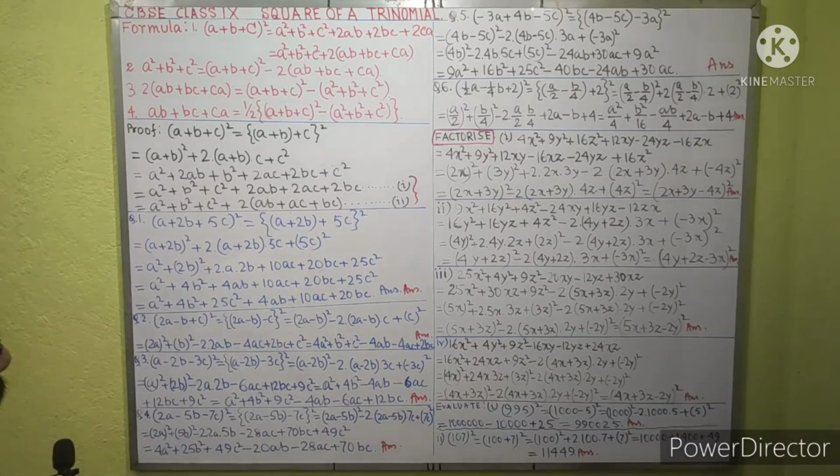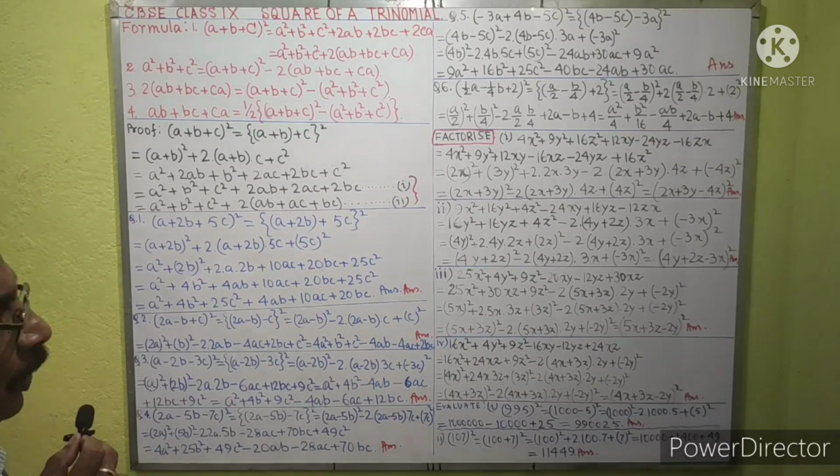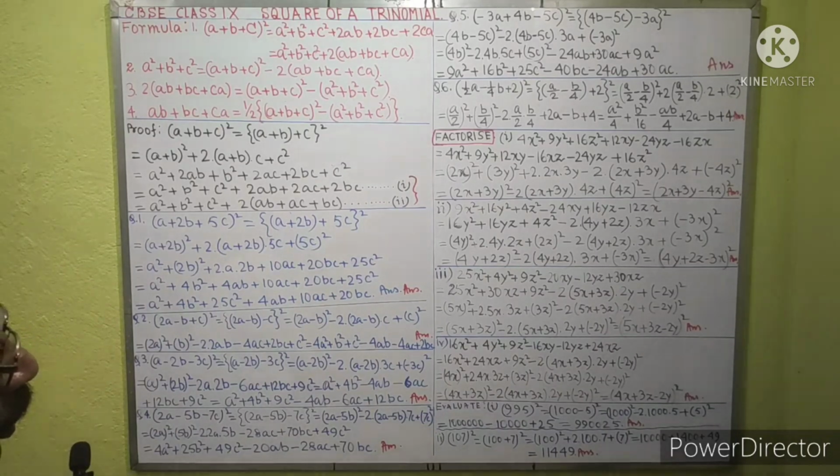Next question, 9x square plus 16y square plus 4z square minus 24xy plus 16yz minus 12xz.